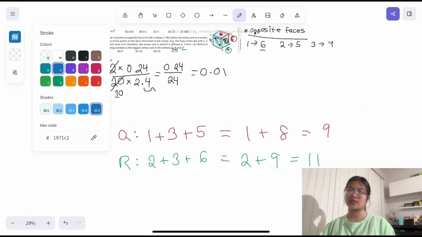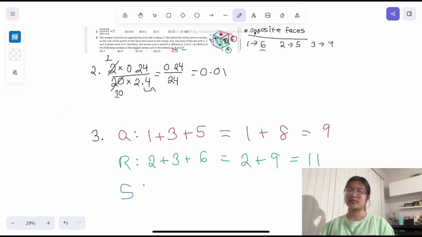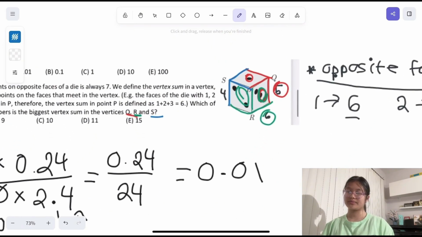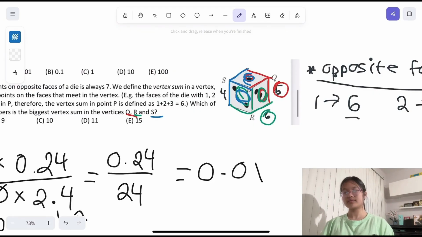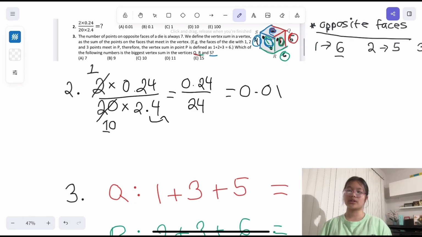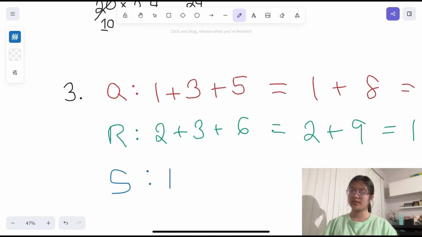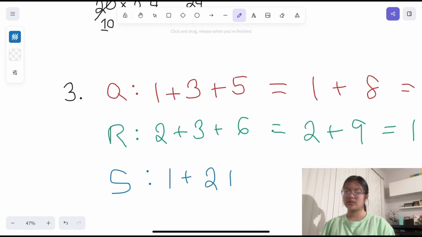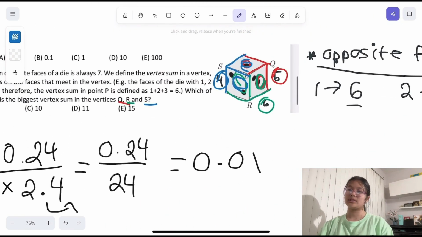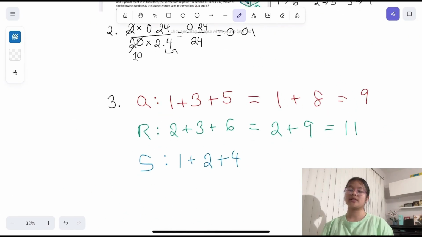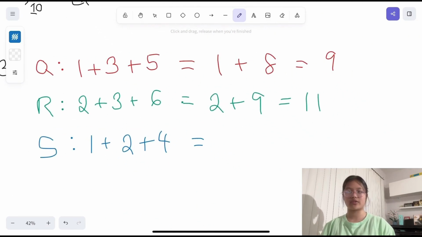So we use the color for S, which we look at on the cube again. S contains the vertices 1, 2, and 4. So you add 1 plus 2 plus 4: 2 plus 4 is 6, and 1 plus 6 is 7. Now we add it up together because we're trying to find the biggest vertex sum, as said before.